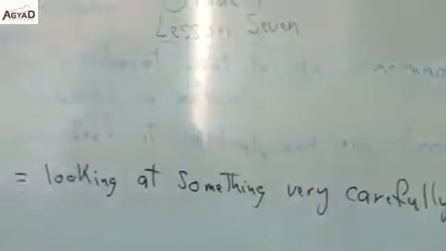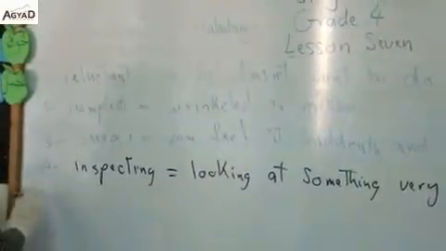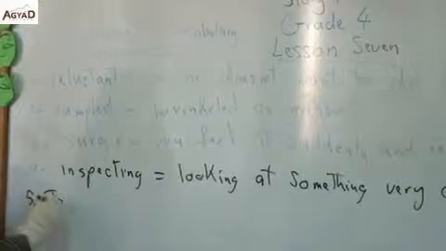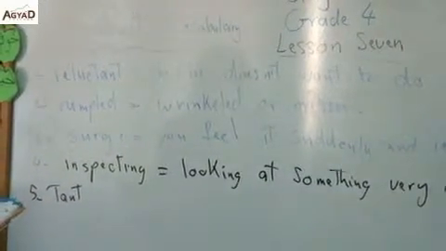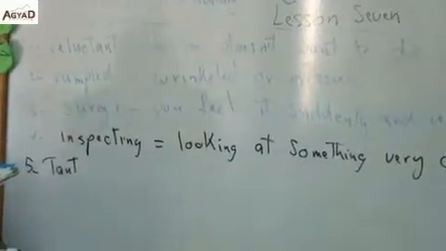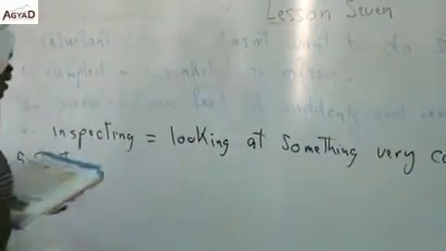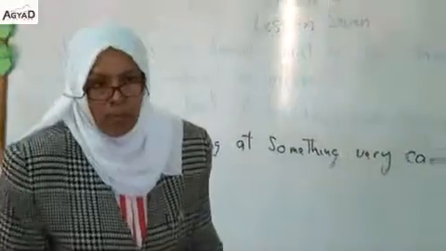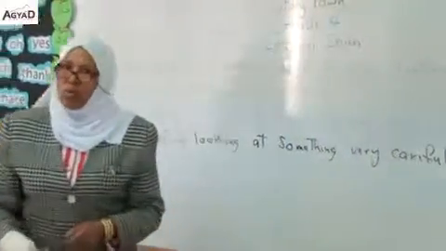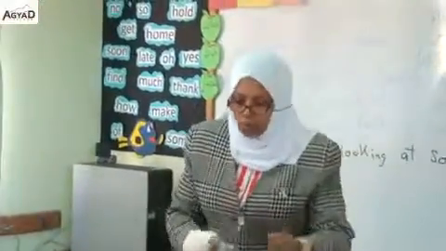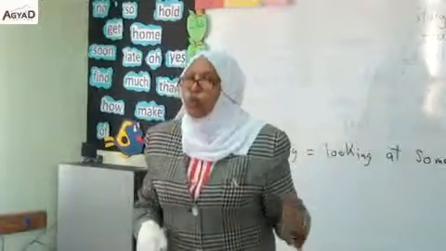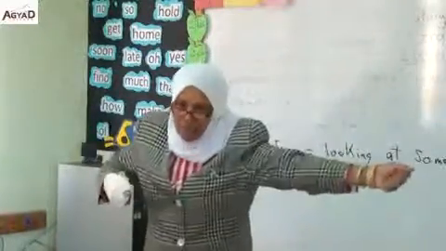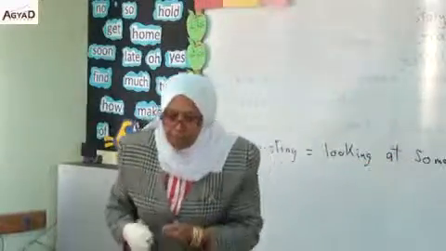Number 5, tote. So tote means stretched or pulled. For example, if you have a wire or a rod and you tote it, it means you stretch it or you pull it.